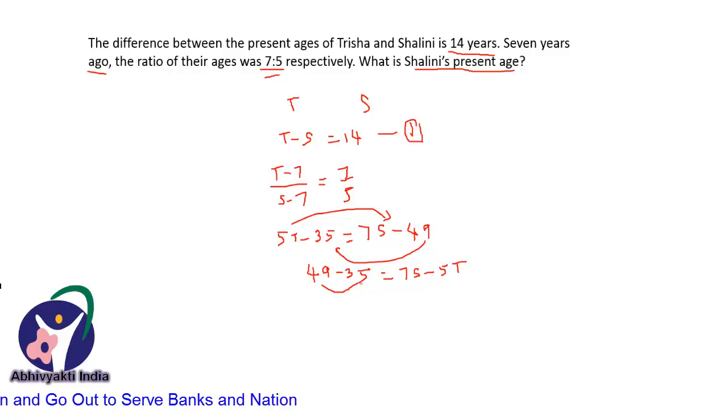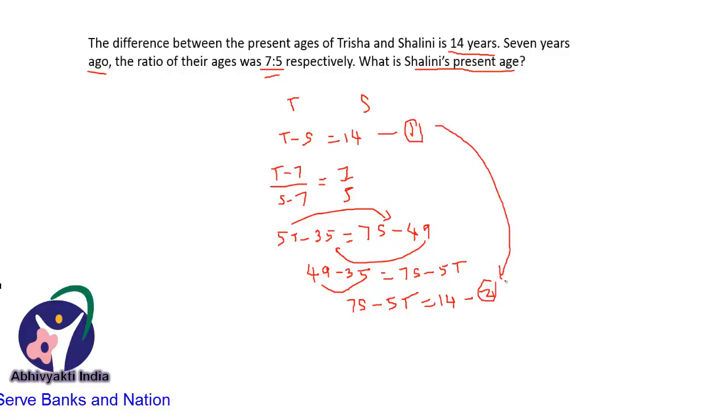And this difference is 14, so you get 7S minus 5T, that is equal to 14. So let this be equation number 2.